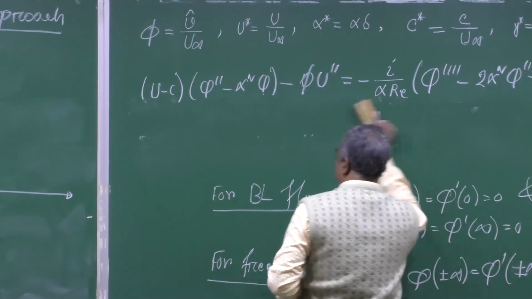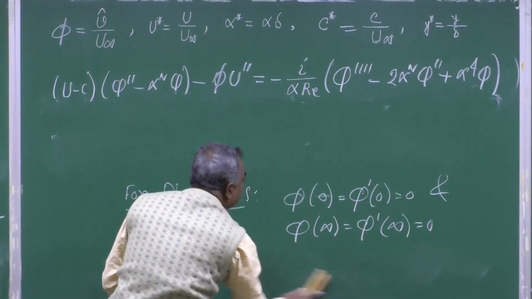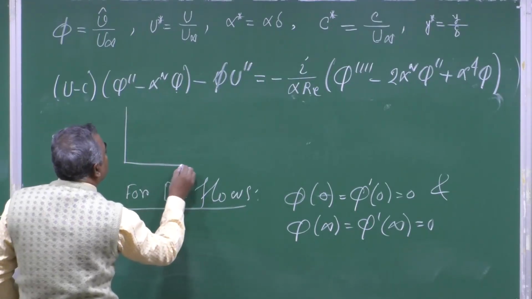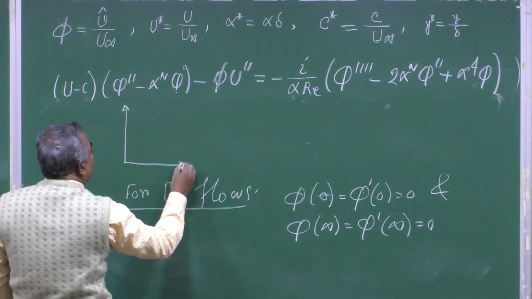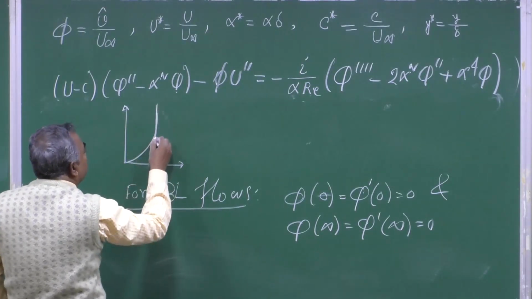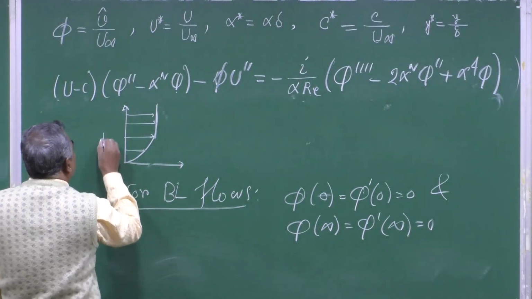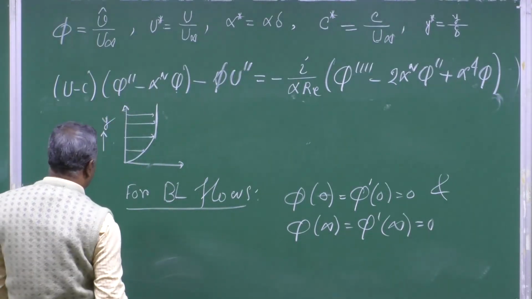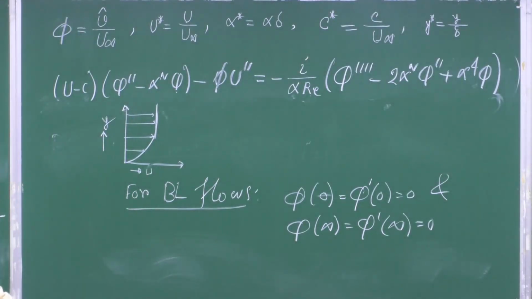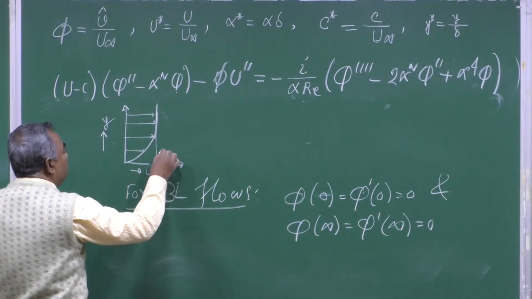For boundary layer flows, the velocity profile is given. That means your velocity profile is something like this for a boundary layer. This is your wall-normal height, the non-dimensional value y, and this is your non-dimensional velocity u. If it is non-dimensionalized using the free stream velocity, the maximum is going to be 1.